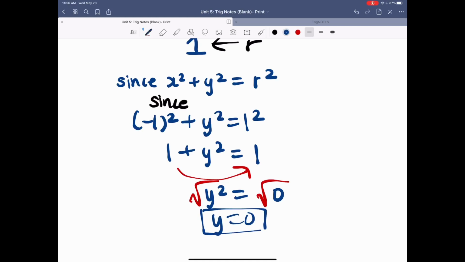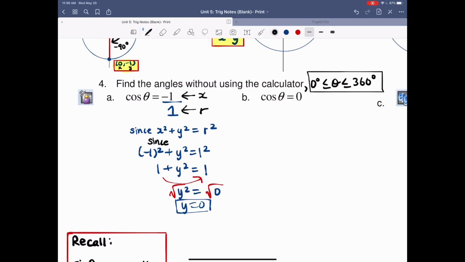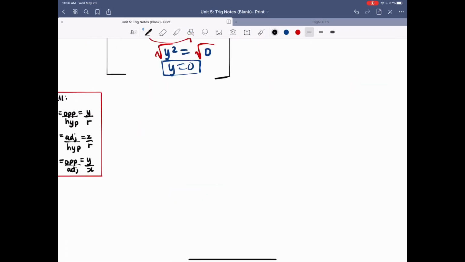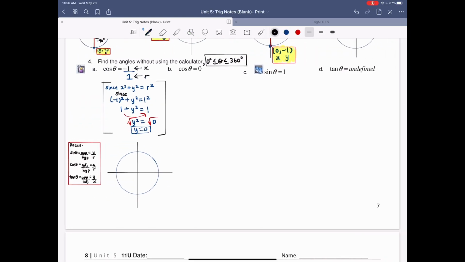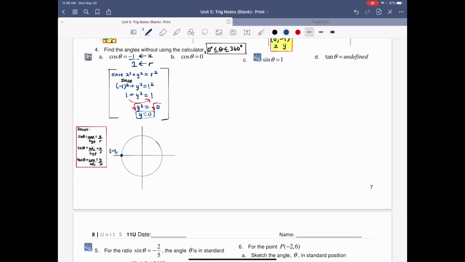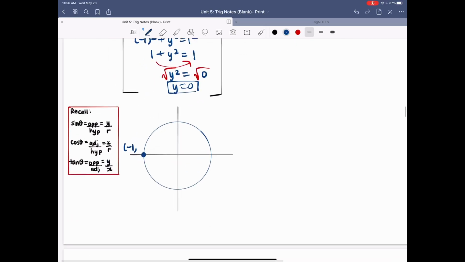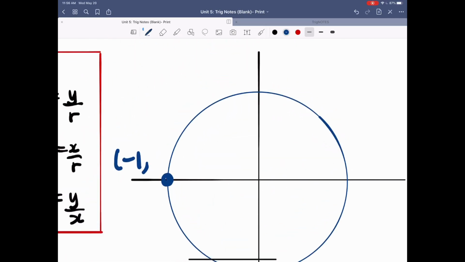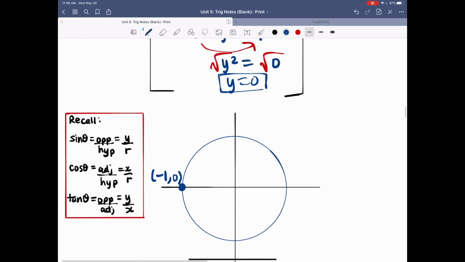So just showing you why y is equal to 0 when I start drawing my unit circle. So x and y axis, and so I'm going to break it down. So my x value is -1. And if you look at your unit circle, there's only one spot where it could be a -1. So I'm going to put a -1. And for my y, according to my side notes, y is equal to 0. That's the only way it'll work, at least when I'm dealing with it as a unit circle.